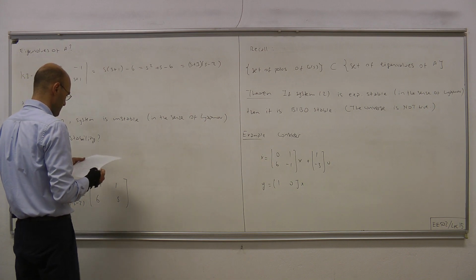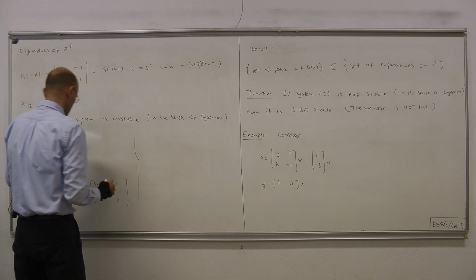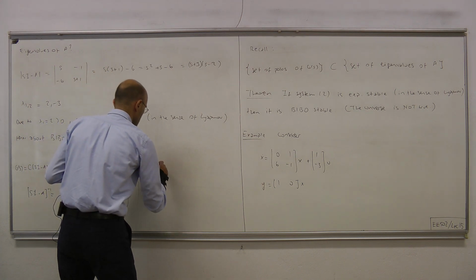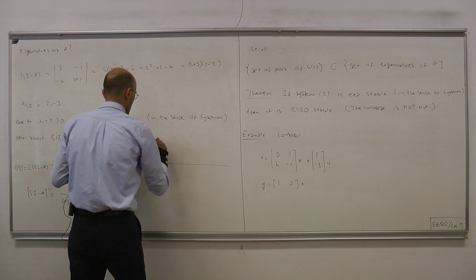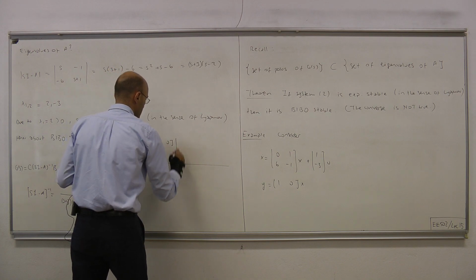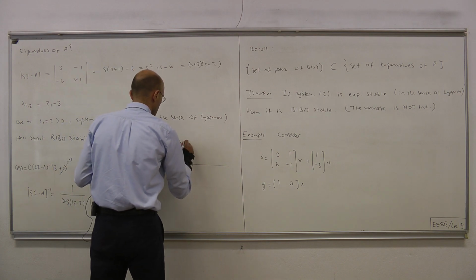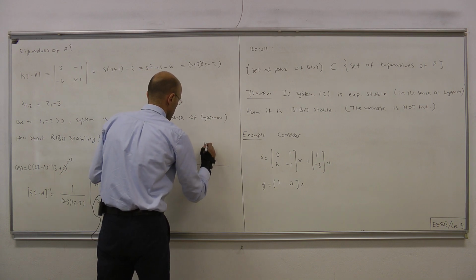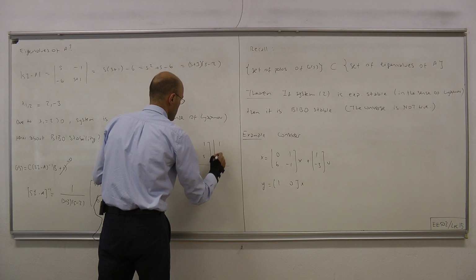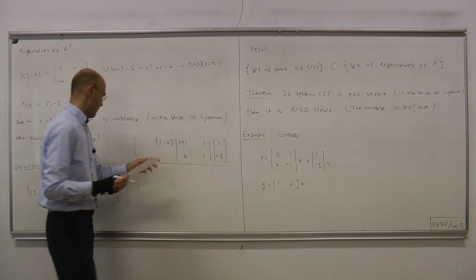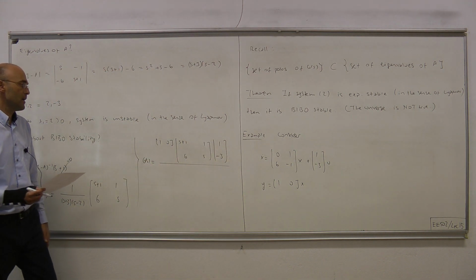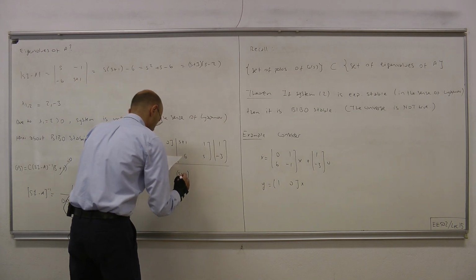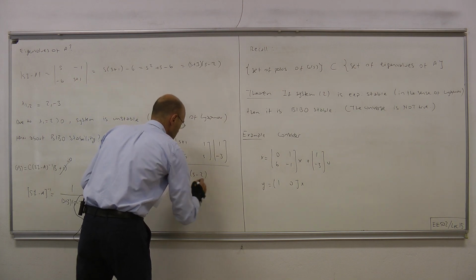So let's do that. So we have transfer function equals C multiplying the matrix with entries s plus 1, 1, 6, s, and then here we have B. And everything is divided by the characteristic polynomial (s plus 3)(s minus 2).